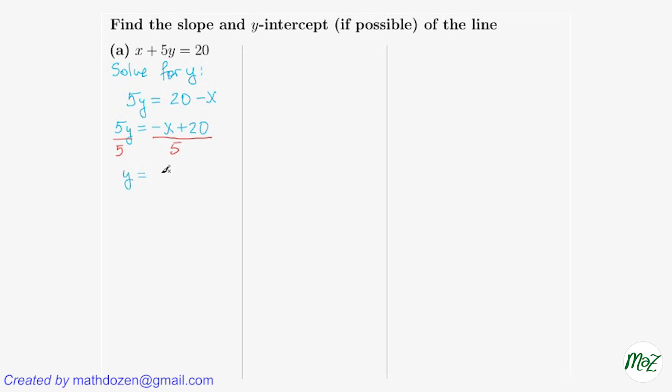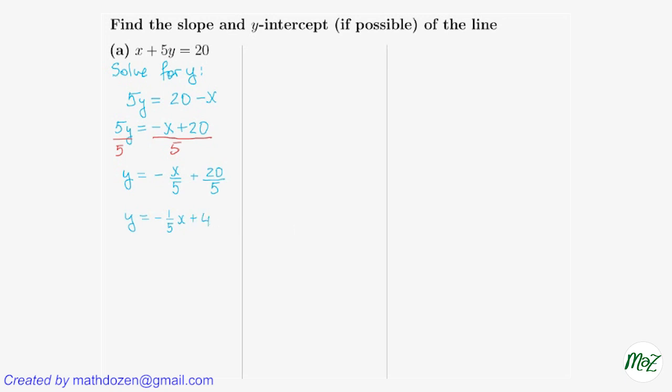So this is y equals negative x over 5 plus 20 over 5, which, in a simpler form, is negative 1/5 x plus 4.